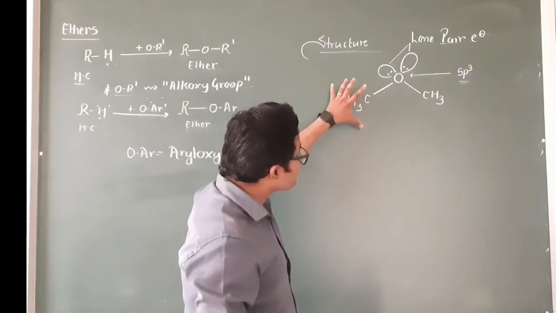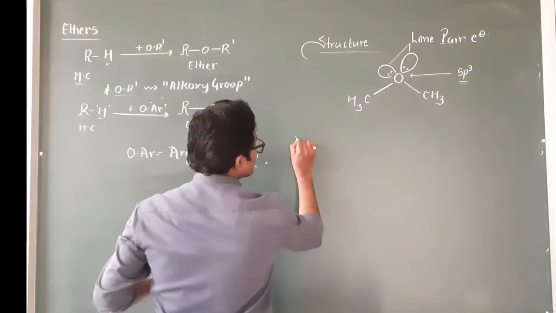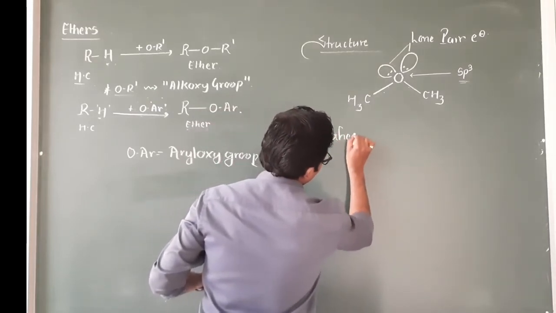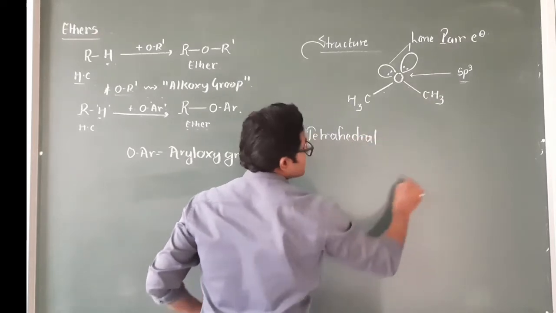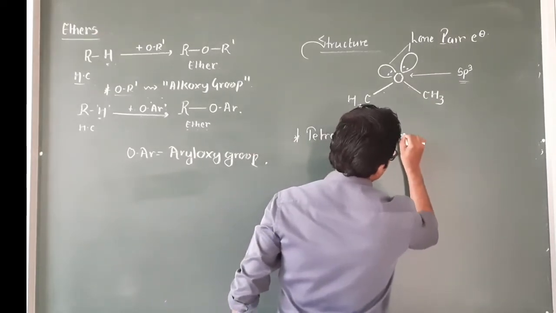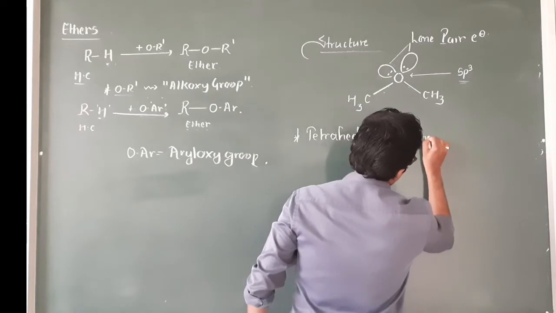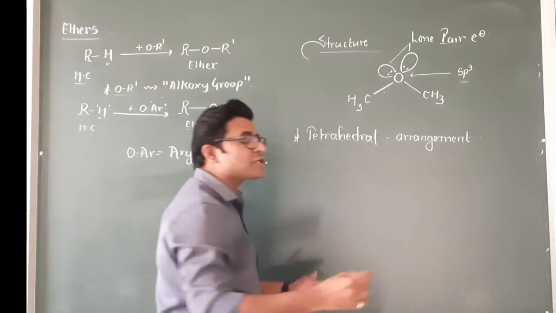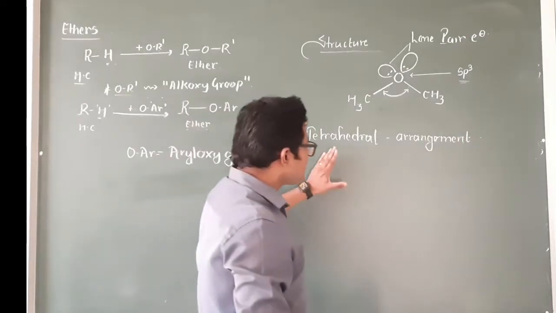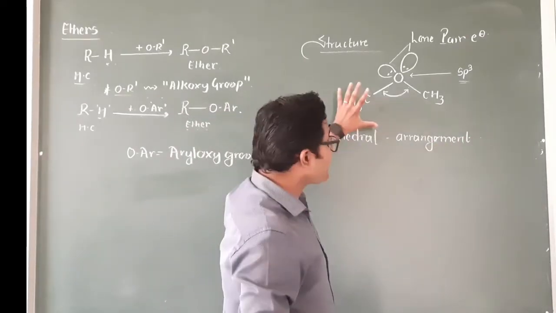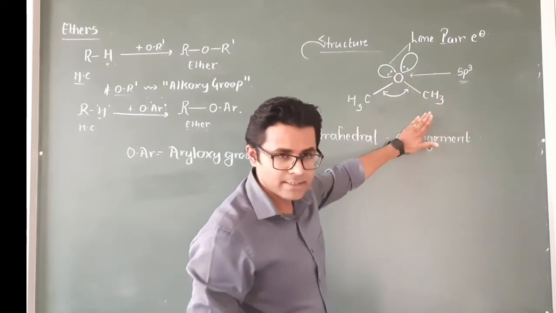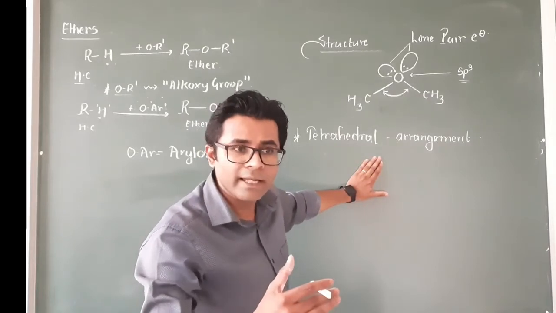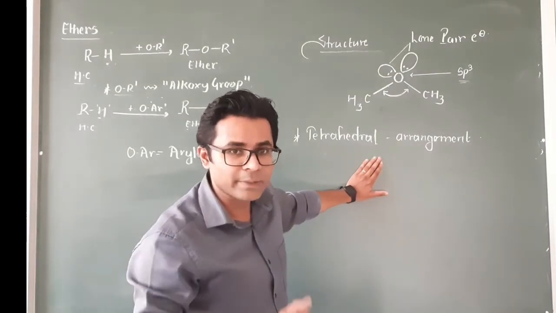Now, the arrangement is tetrahedral. When we take a look at the bond angles, the bond angle for a tetrahedral arrangement should have been around 109.8 degrees.